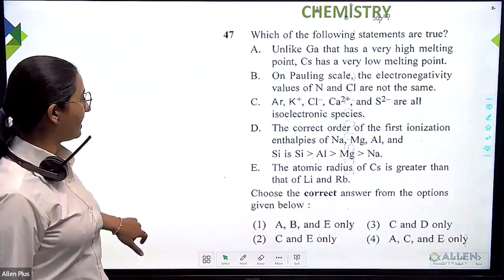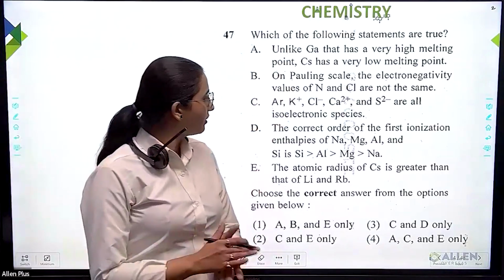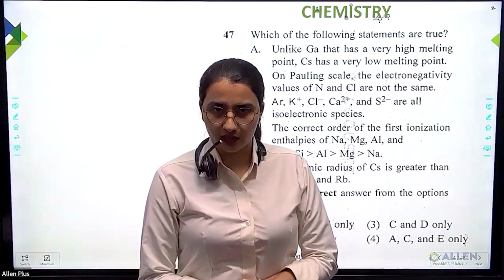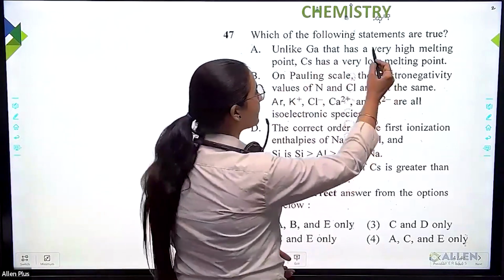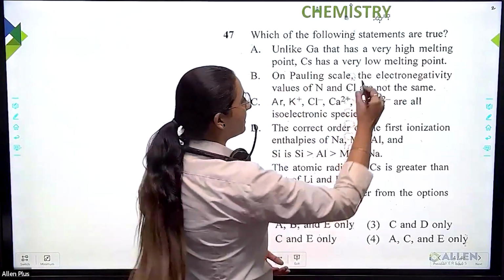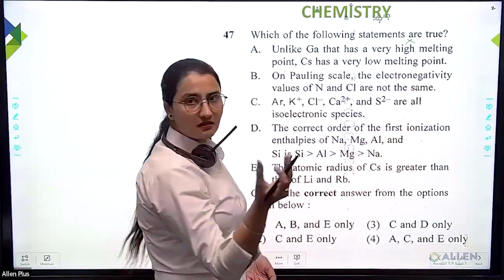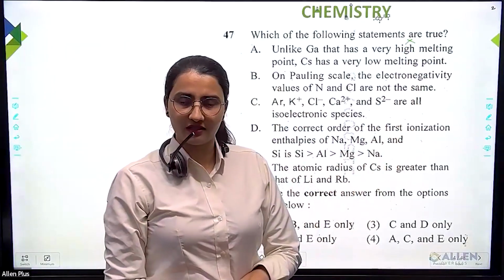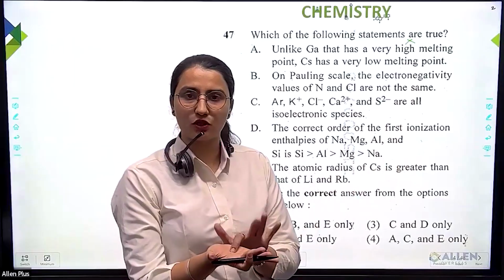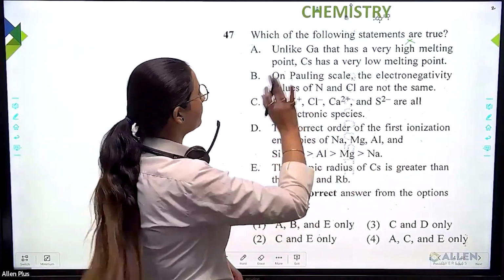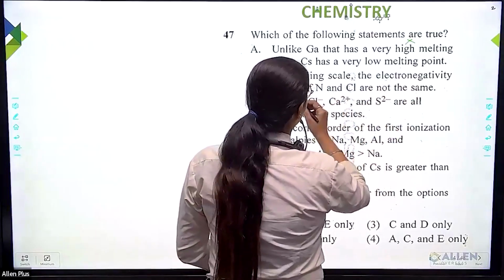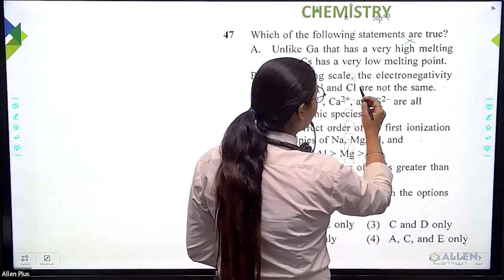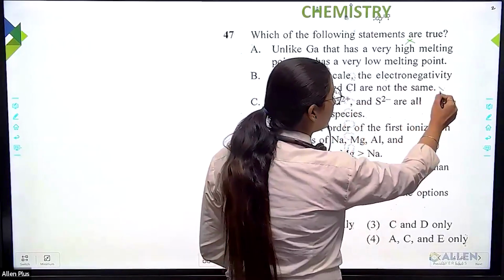Correct? Fine. Next. This is a theoretical question, students. It is mixed, from inorganic. So first is, unlike Ga, which has a high melting point, this statement is wrong because Ga has a very low melting point. It melts even when you keep it on your palm. The first statement is wrong, right? Next, on the Pauling scale, electronegativity of N and Cl not the same, wrong.